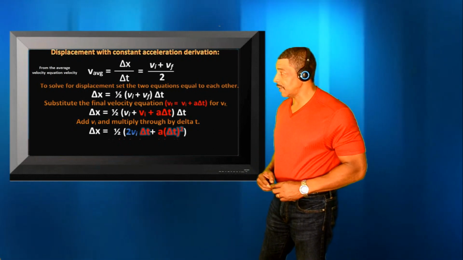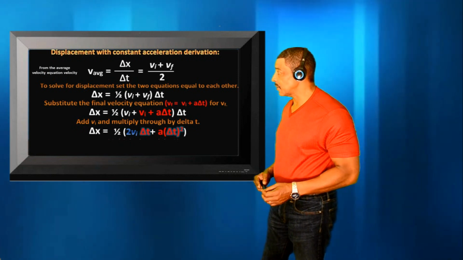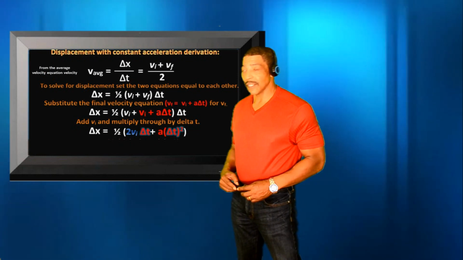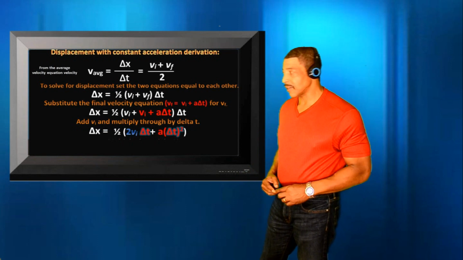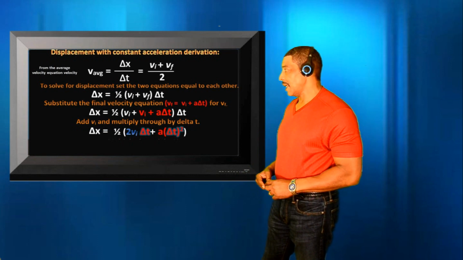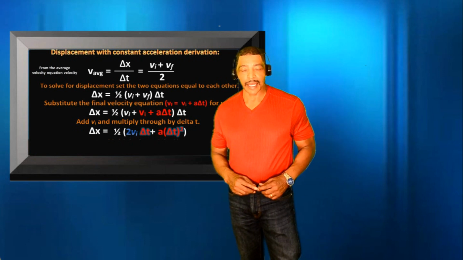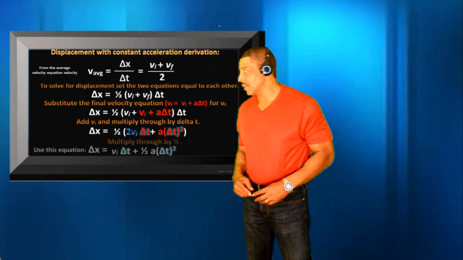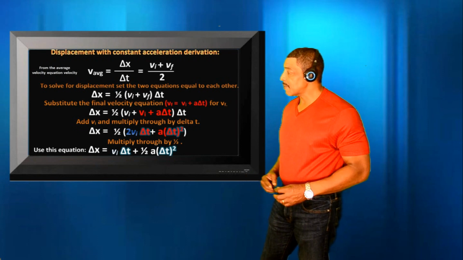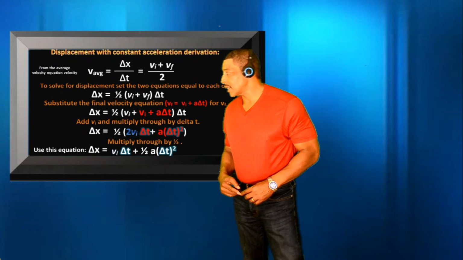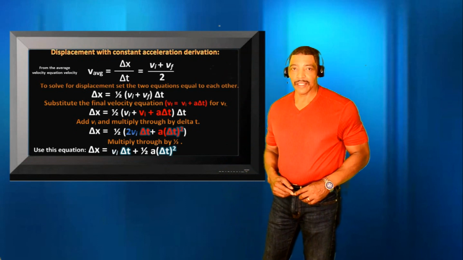Displacement delta x is equal to 1/2 times 2 v sub i times delta t plus acceleration times delta t squared, and multiplying through by 1/2 generates the following equation. Displacement delta x is equal to v sub i delta t plus 1/2 acceleration times delta t squared.